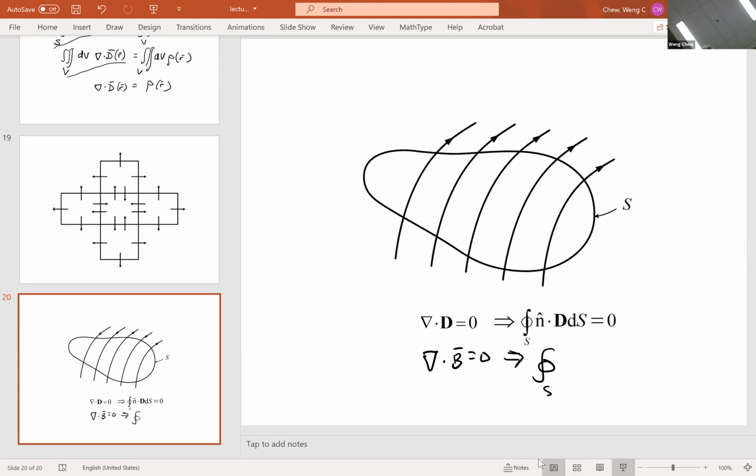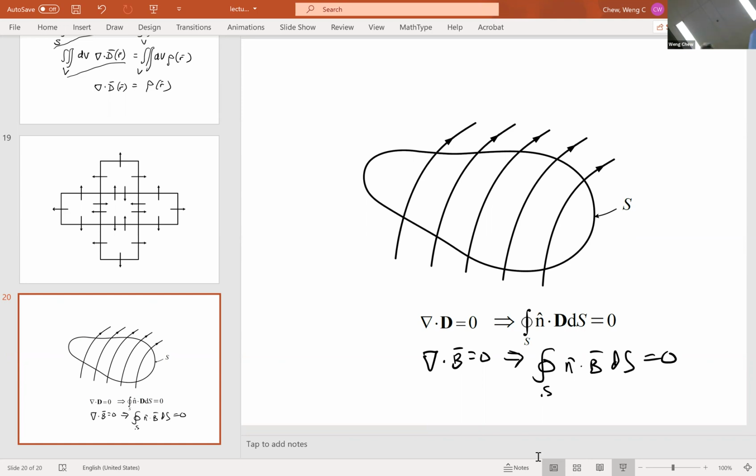This would imply that, say, if there's no charge inside the surface S, this integration is always equal to 0. And how would you say this in a very glib fashion? What goes in must come out, right? Can you see the physics here? What goes in must come out. That's what this law is saying. This is what Gauss divergence law is saying.